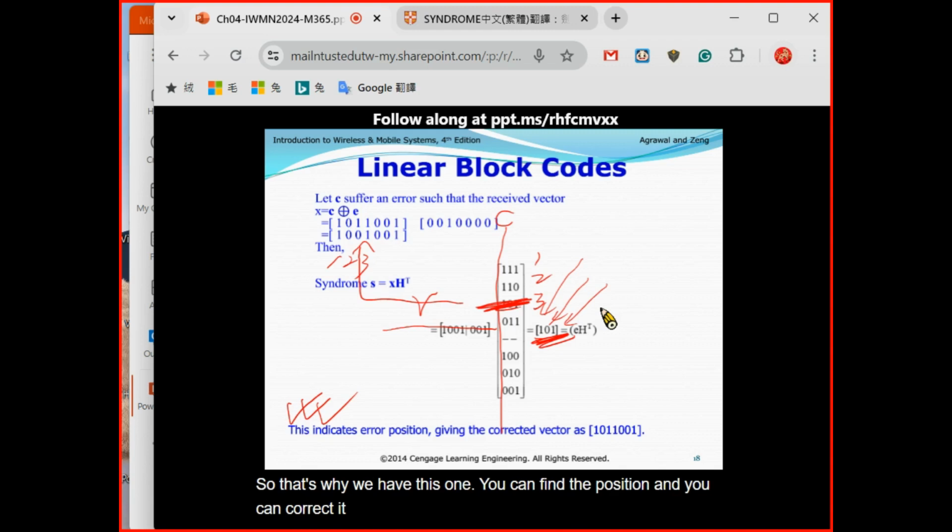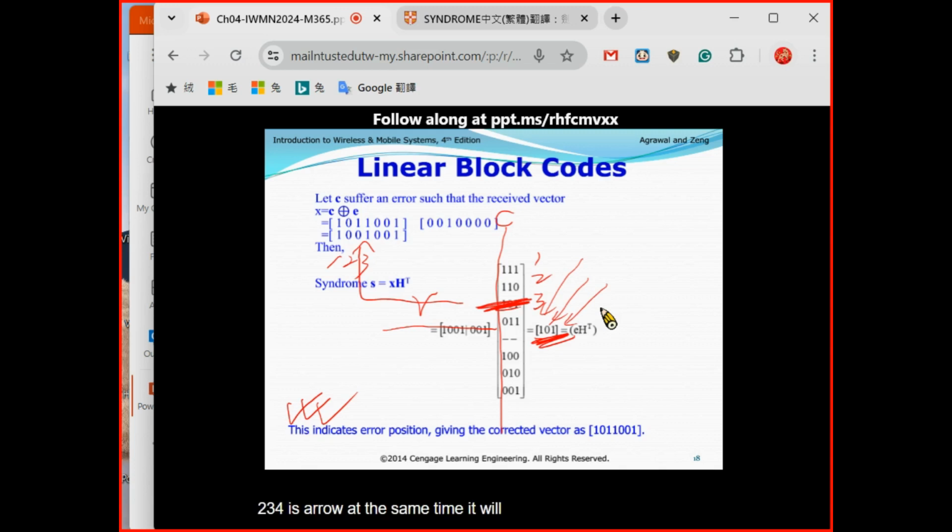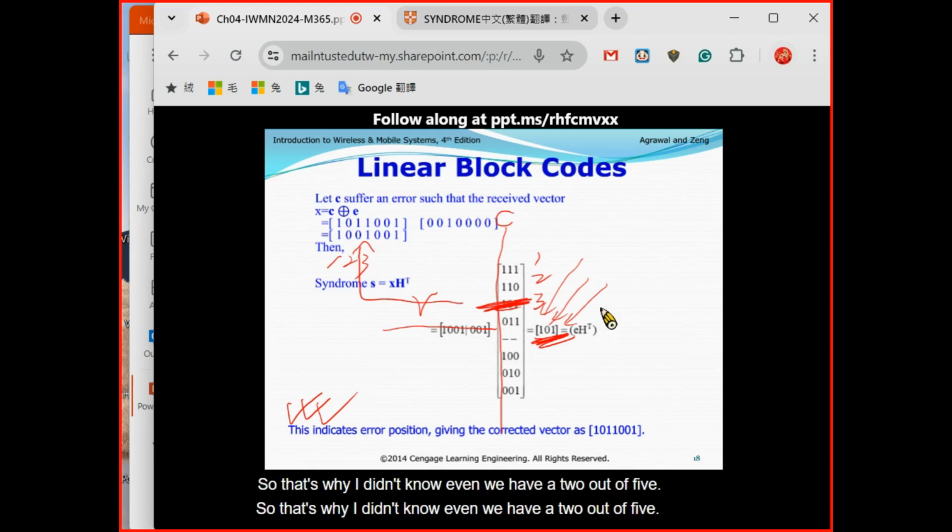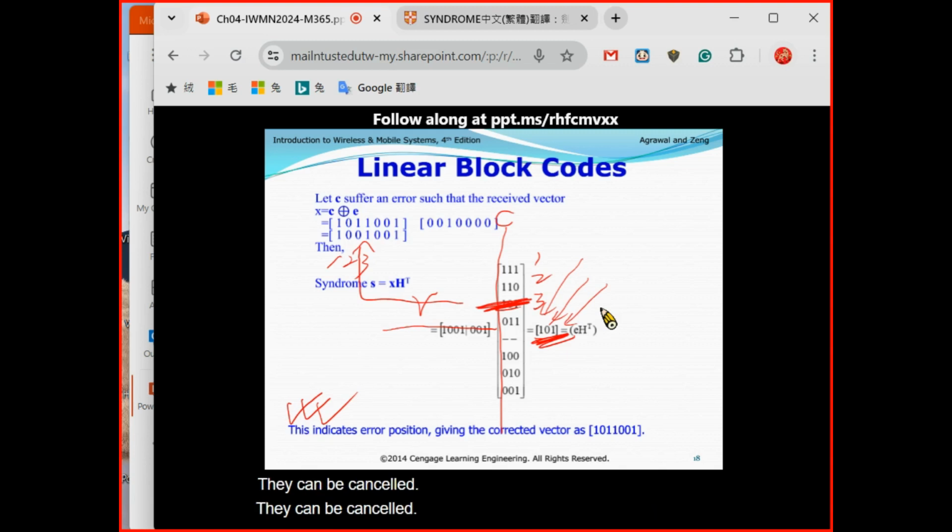However, if we have multiple errors, then it's a different story. Possibly you can try some possible patterns. For example, 2, 3, 4 in error at the same time would possibly give 0. So even if we have 2 errors, sometimes they can be cancelled. I think in this case, 2 errors will never cancel each other.